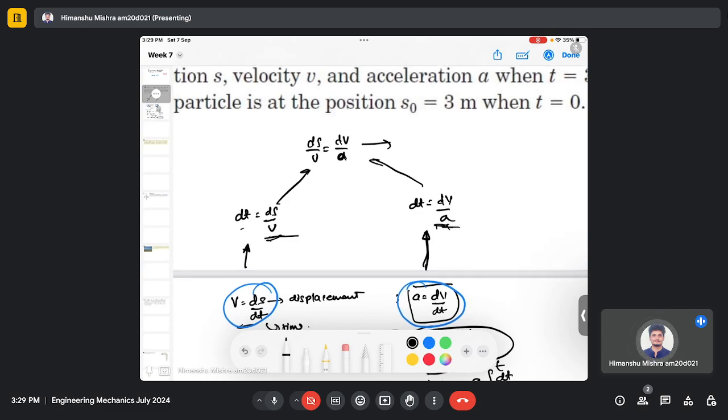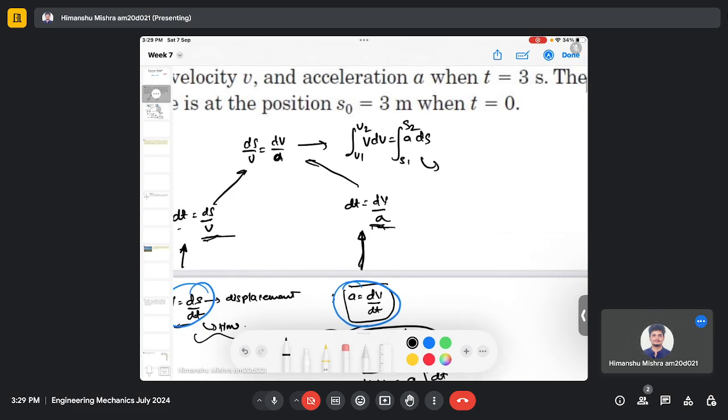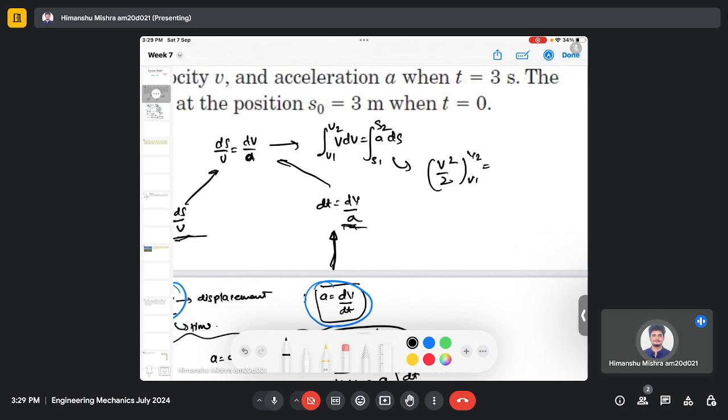If I simplify this, I can write this expression as v dv equals a ds, and I can integrate this from v1 to v2 and s1 to s2. If I integrate this I will get v square by 2 from v1 to v2, and here a is a constant, acceleration is constant, so I will pull acceleration out of the integral, so I will have s2 minus s1.